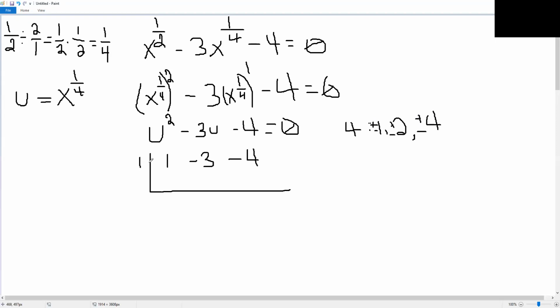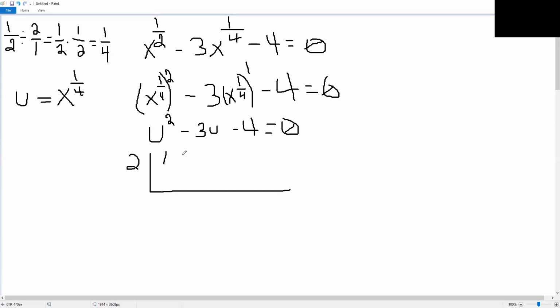So let's try 1, +1. Let's drop down the 1. 1 times 1 is just 1. And this is negative 2. And 1 times negative 2 is negative 2. This does not give me 0. All right, let's try something else. Let's try, I'll get rid of my factors. Oh, well. So let's try 2.